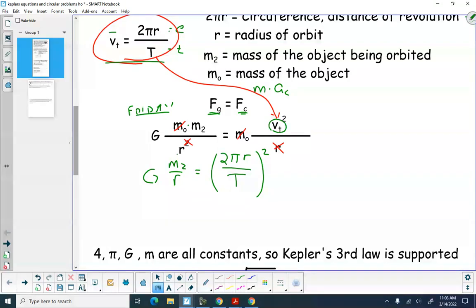Tangential velocity we can calculate by the circumference divided by T. Using some algebraic skills, we have G M2 over r is equal to 4 pi squared r squared over T squared. All we're doing is distributing my exponent of 2 to every one of my terms.